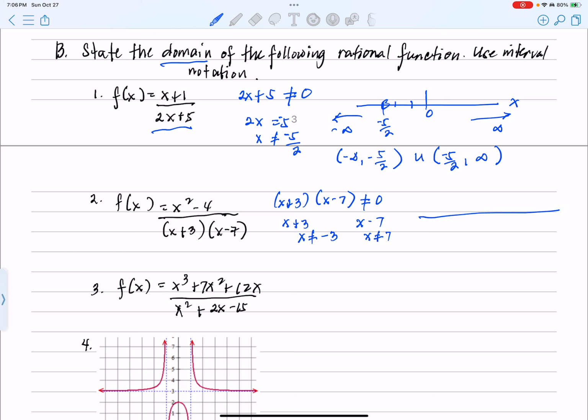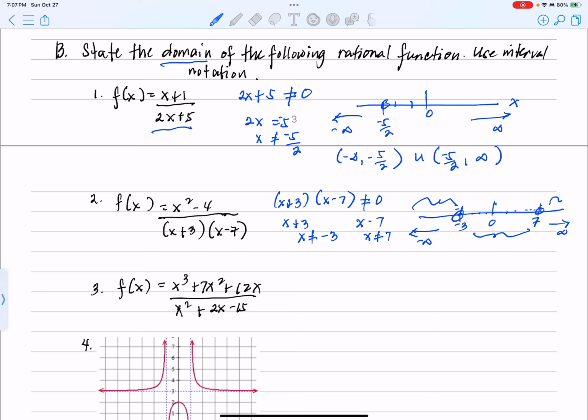Let's look at that for the domain. 7 is right here and negative 3 is right here. This is the negative infinity. This is the positive infinity. So we have 3 parts here. This portion right here, and between negative 3 and 7, you can plug in any number besides negative 3 and 7, because if you plug in negative 3 and 7 to the function, the denominator would become 0.